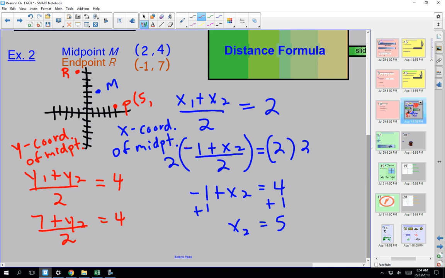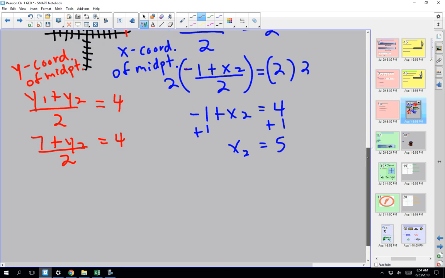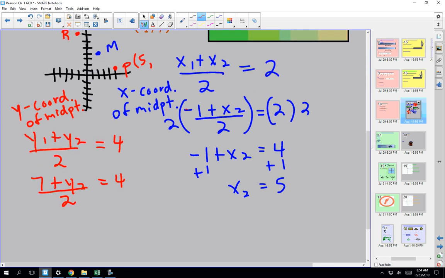Go ahead and solve this other one, please, for me. Solve this guy. And let's see if it corresponds with my picture. Yeah. What'd you get? 1. Good.